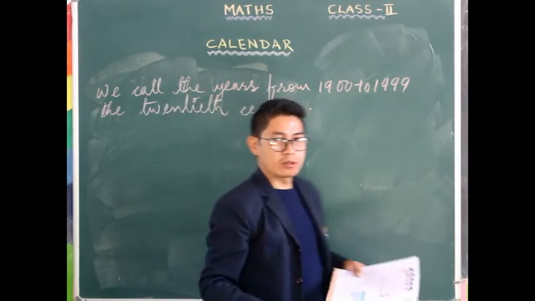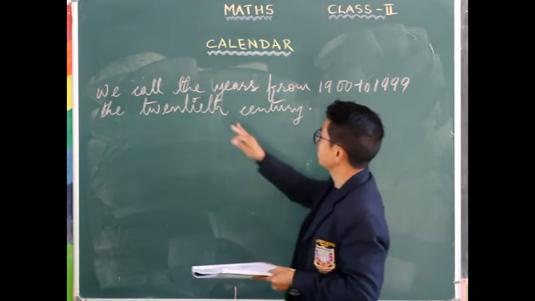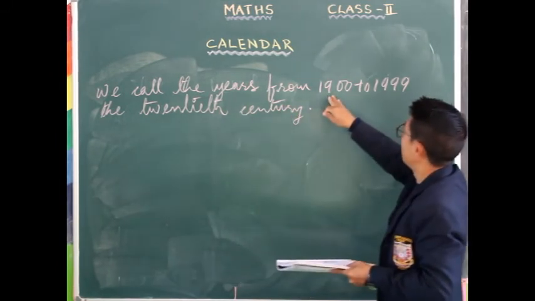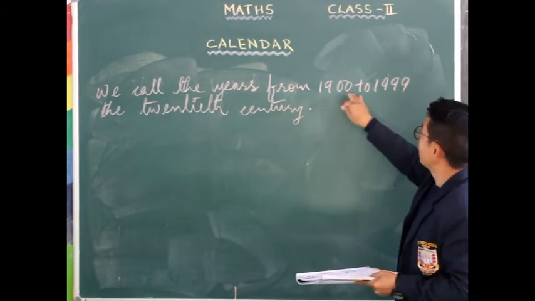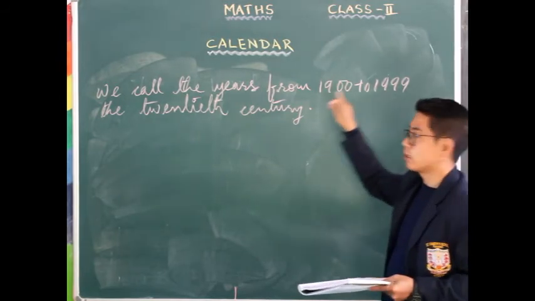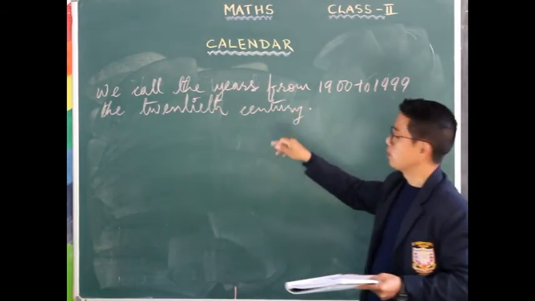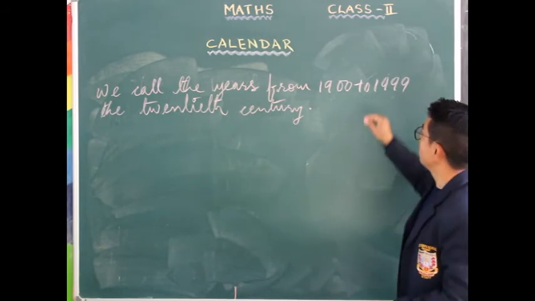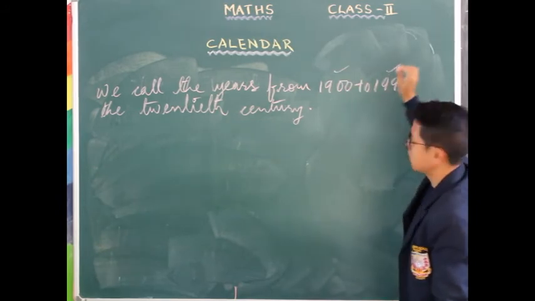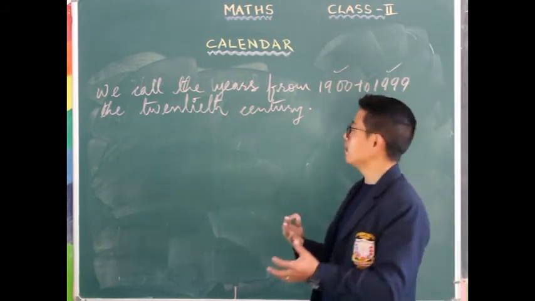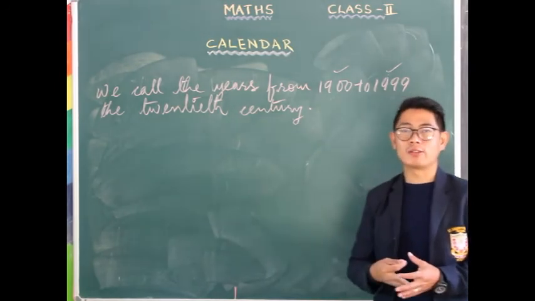When we say from 1900 to 99, it's the 20th century. The people who live in these years, we say they are in the 20th century.